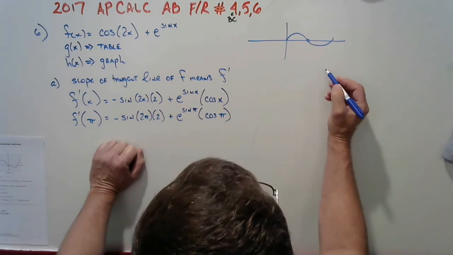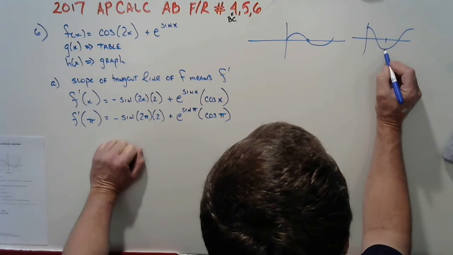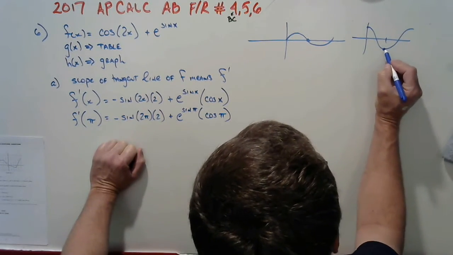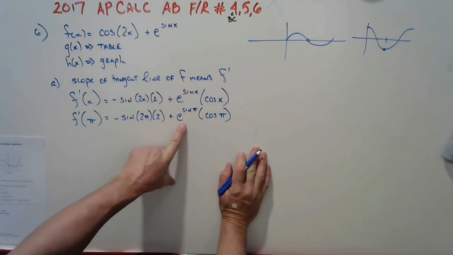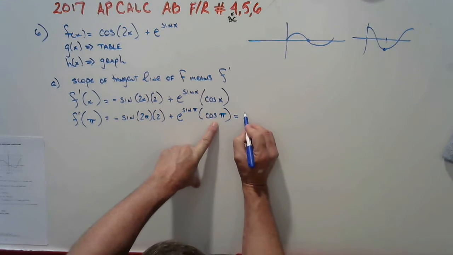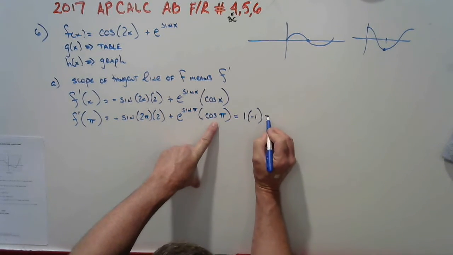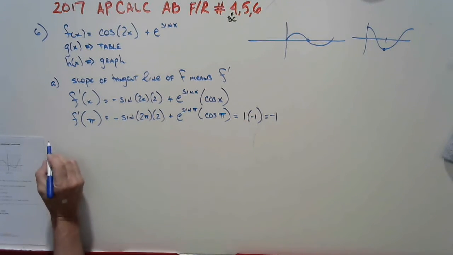So sine of pi is 0. Cosine goes like this. Cosine of pi is negative 1. So this is 0 times 2, that's 0. This is e to the 0, that's 1. Cosine of this, so we get 1 times negative 1, so we get negative 1. All right, so the answer to part A is -1.